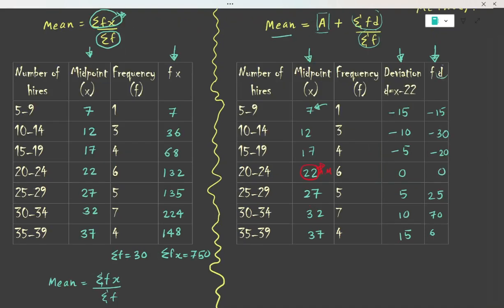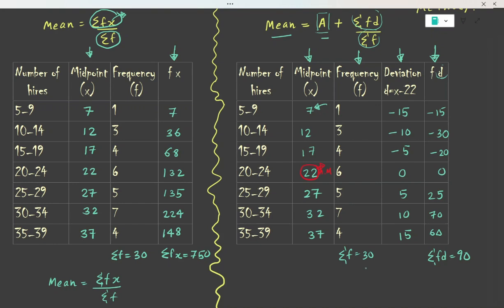We know that the mean is equal to assumed mean plus sigma fd over sigma f. For that we have to find sigma fd and sigma f. So using the fd column, if we get the arithmetic addition, minus 15 minus 30 minus 20 plus 0 plus 25 plus 70 plus 60 gives us plus 90. If we consider the frequency column, we get the addition 30.